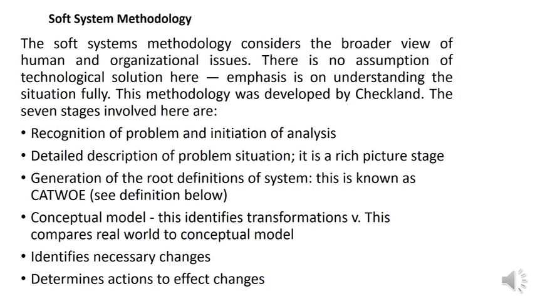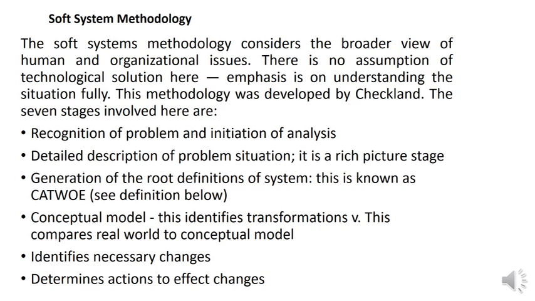The 7 stages involved here are: 1. Recognition of problem and initiation of analysis. 2. Detailed description of problem situation. It is a rich picture stage. 3. Generation of the root definition of the system.